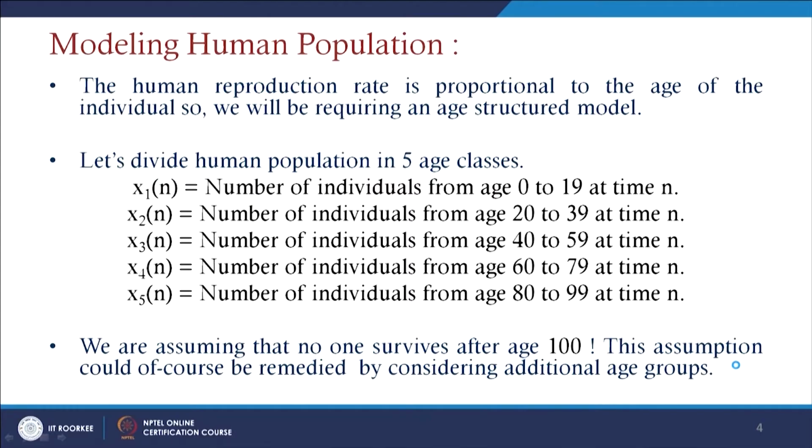So, suppose x1 of n is the number of individuals from ages 0 to 19 at a particular time level n, and x2 of n is the number of individuals from the age of 20 to 39 at that time level, and x3 of n is the number of individuals from age 40 to 59 at time n, and x4 of n is the number of individuals from age 60 to 79 at that level, and x5 of n is the number of individuals from 80 to 99 at time n, and we are considering that no one survives after age 100.